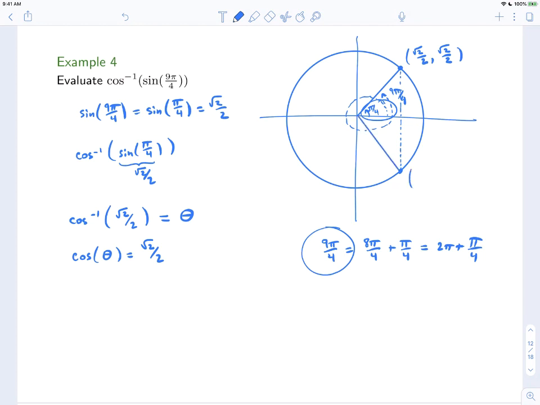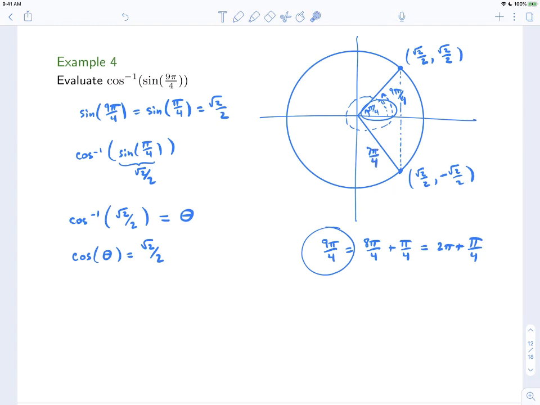This one has x-coordinate square root of 2 over 2, and y-coordinate minus the square root of 2 over 2. So this one is, well, what is this one? This is 1 pi over 4, 2 pi over 4, 3 pi over 4, 4 pi over 4, 5 pi, 6 pi, 7 pi over 4. So this one is 7 pi over 4.